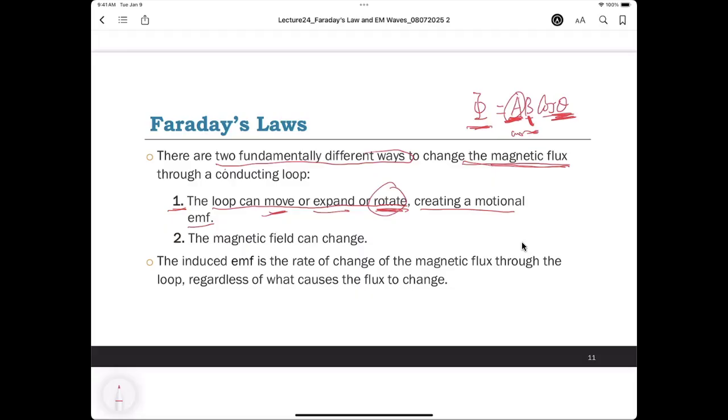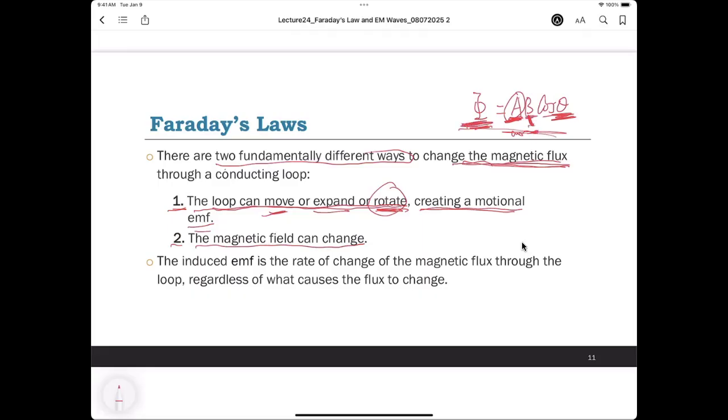If the loop can move or expand or rotate, it creates a motional EMF, because it can change the magnetic flux based on this equation. And the second one is the magnetic field can change. If you change the magnetic field, you can also change the magnetic flux.